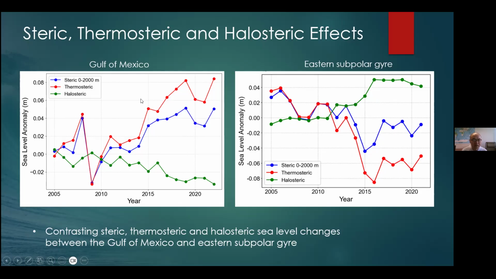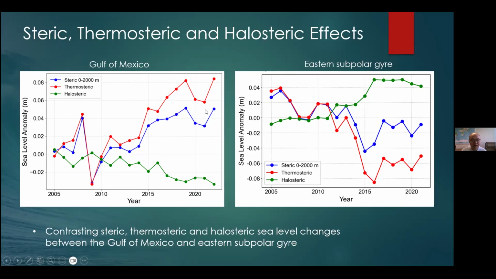By contrast, if you look at the Gulf of Mexico region, the ocean warming caused a thermosteric sea level rise in the Gulf. This is the red curve in the left panel. And at the same time, you can see the halosteric sea level falls. This is due to the increase of the salinity in the Gulf.